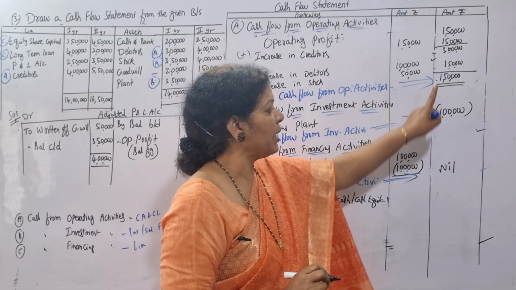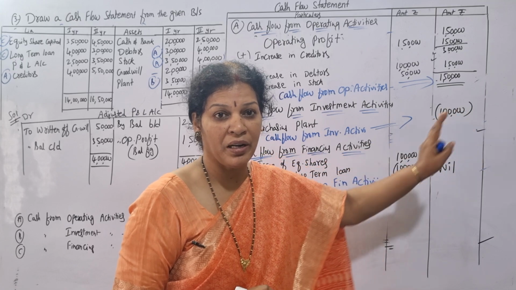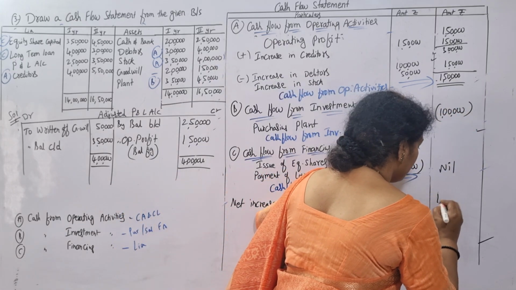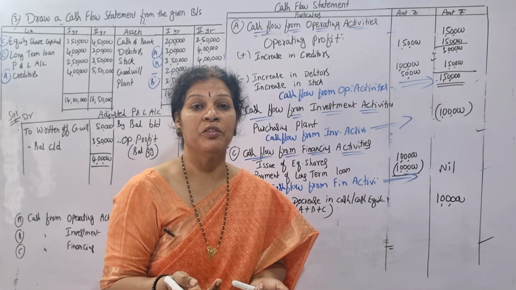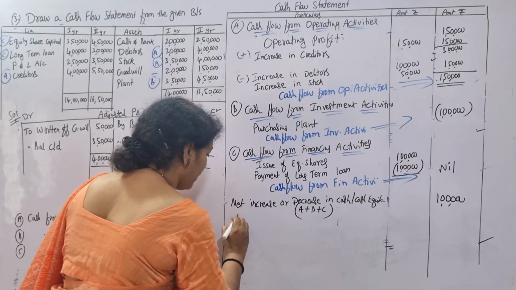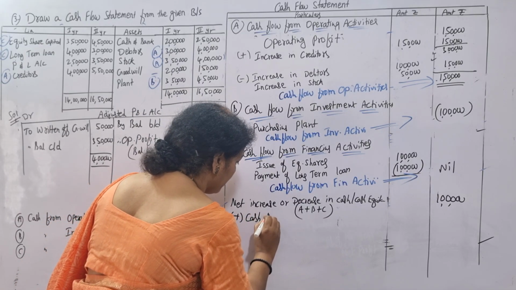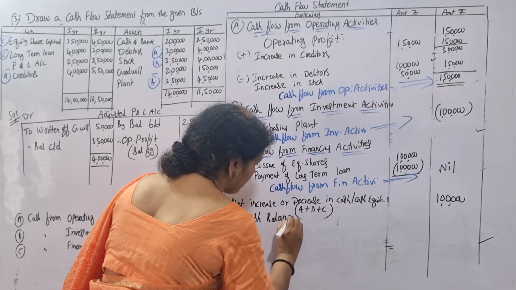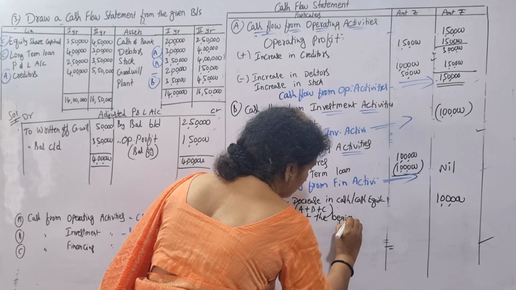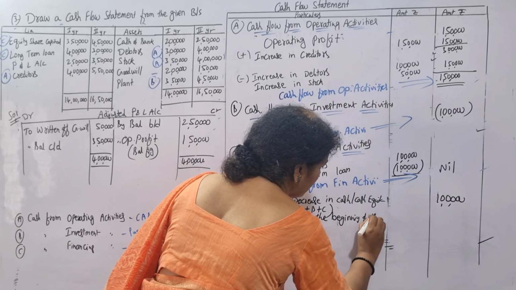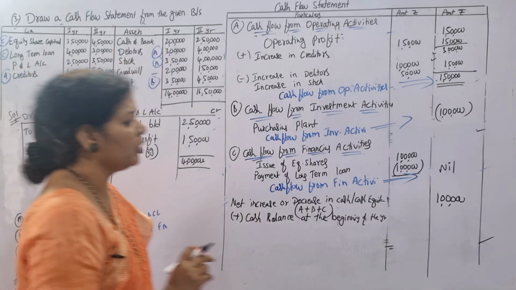C is nil. 1,50,000 minus 1 lakh. To this, you'll add the opening balance of the cash book. Add cash balance at the beginning of the year. How much is the opening cash balance? 2 lakh. 2 lakh will add.